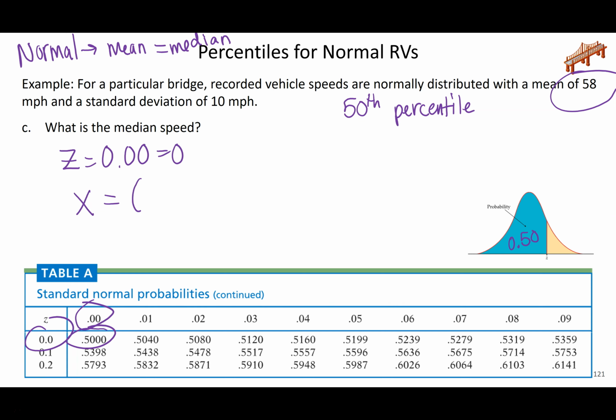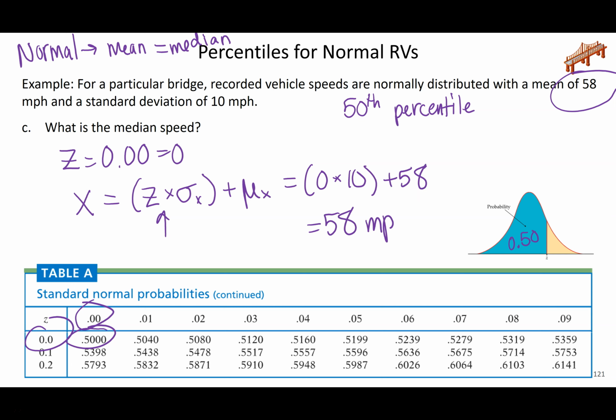Then I want to plug in, so x is equal to z times sigma plus mu. Well, that's just going to be a 0. So 0 times 10 plus 58. You're just going to get 58 miles per hour. So in general, something really great about the normal is how perfectly symmetric it is.